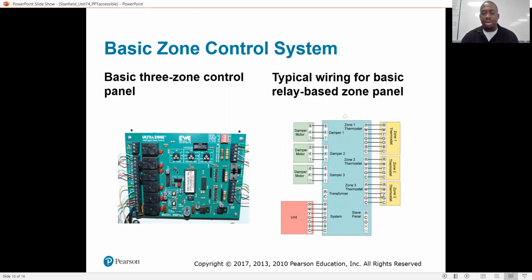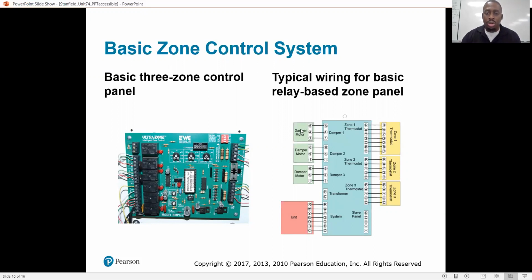Zone 3 says, okay, it's hot in here, I'm about to turn my AC on. Zone 3 calls for cooling. The system receives that signal and brings the AC on for cooling. But it's only going to go to this zone because this thermostat is calling for cooling, which means damper number 3 is going to open up and allow the system to shoot air into zone number 3 and cool the space.